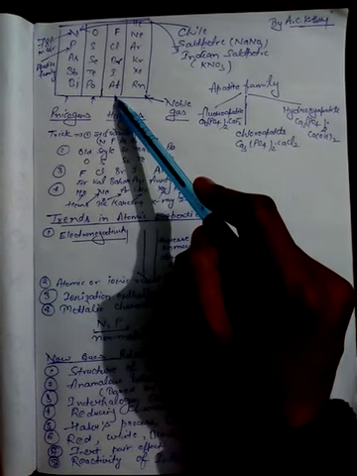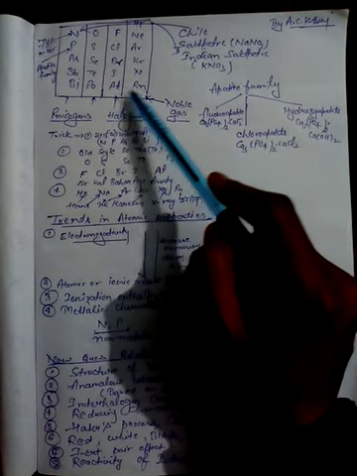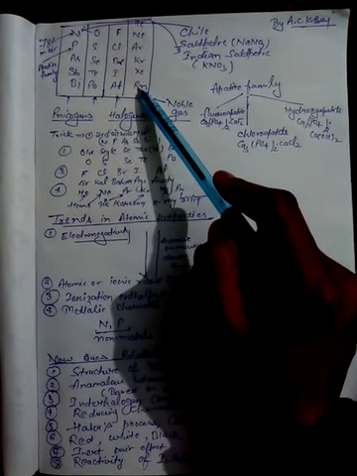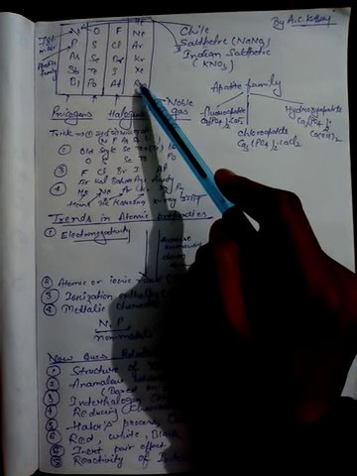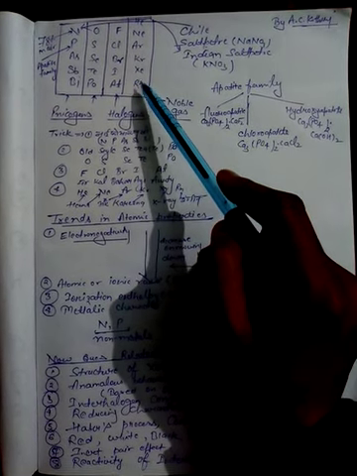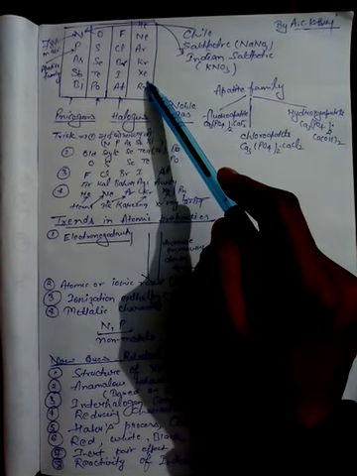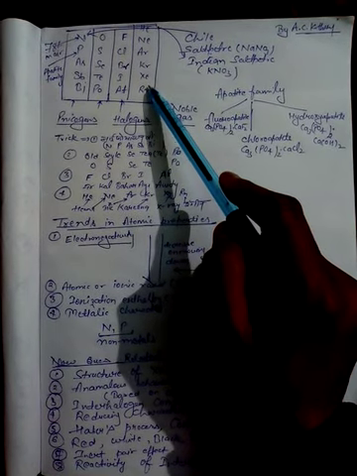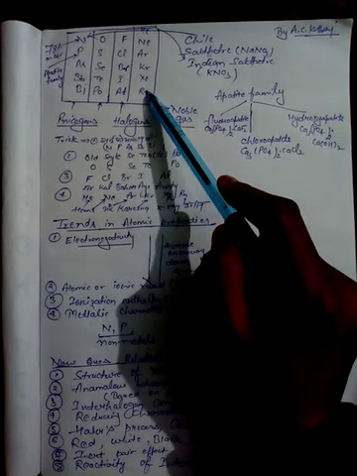These are halogens, mostly obtained from the sea or rock, and these are noble gases. Initially, these were named inert gases, but after Bartlett found that xenon reacts at a particular temperature and pressure condition, they are also known as noble gases, which is an appropriate name for these elements.